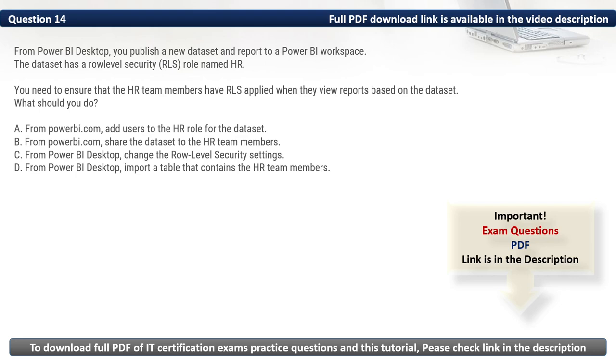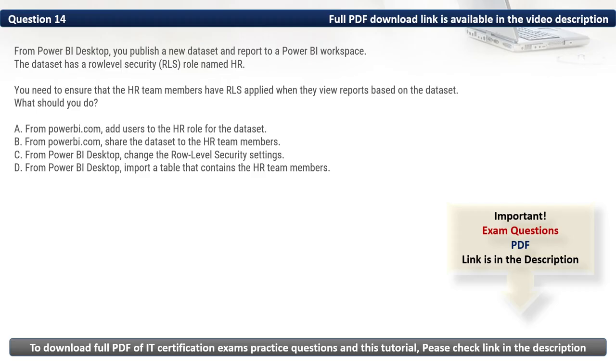We have B, from powerbi.com, share the dataset to the HR team members. Sharing does not enforce RLS. Users must be explicitly added to the RLS role. Then we have C, from Power BI Desktop, change the row-level security settings. RLS roles are defined in Power BI Desktop, but user assignments must be managed in Power BI Service.